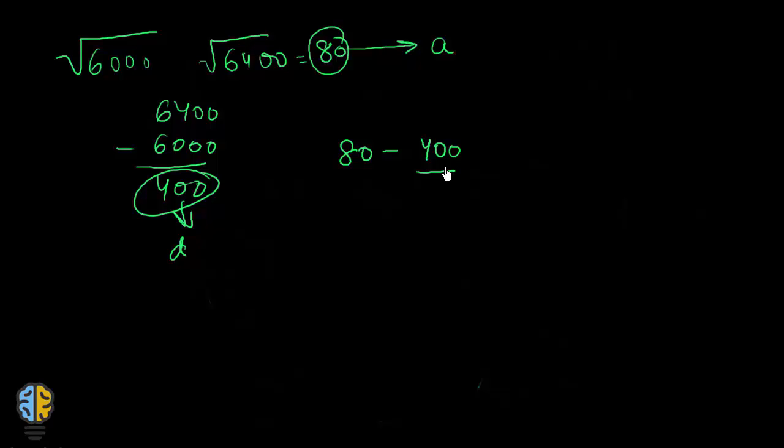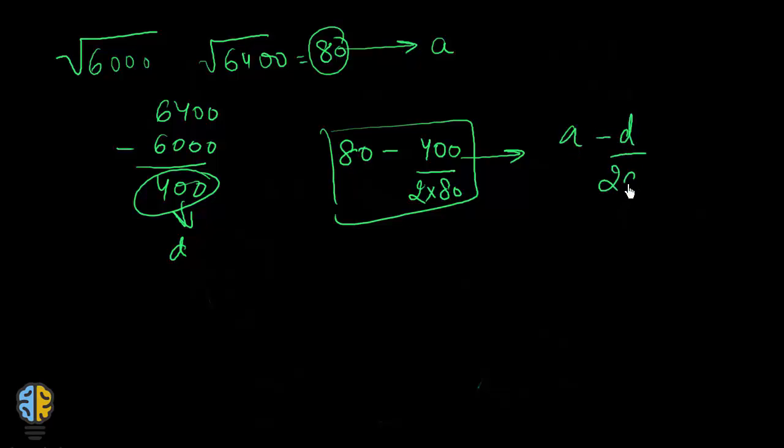Minus because 6400 is larger than 6000. If there was a number which was smaller than 6000, then it would have been plus. So 80 minus 400 upon twice of 80. So the formula with us becomes, let's understand the formula first, a minus d upon 2a.